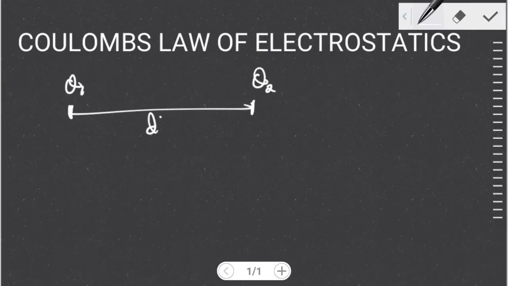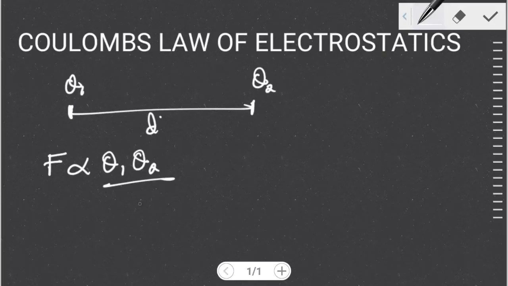Coulomb's law says that the force between two point charges is directly proportional to the product of the magnitude of the charges, Q1 and Q2, and inversely proportional to the square of the distance of separation of these charges.